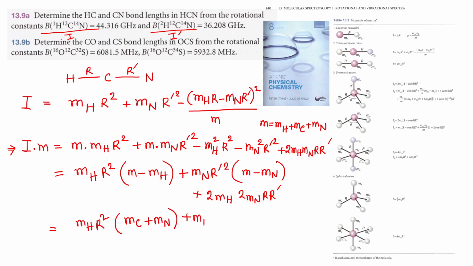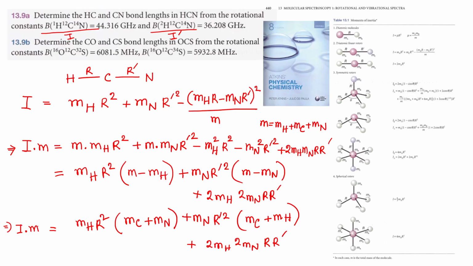Similarly, for the next, it is mass of carbon plus mass of hydrogen. And same here, 2 M_H M_N r r dash. So I will just do a step jump here.